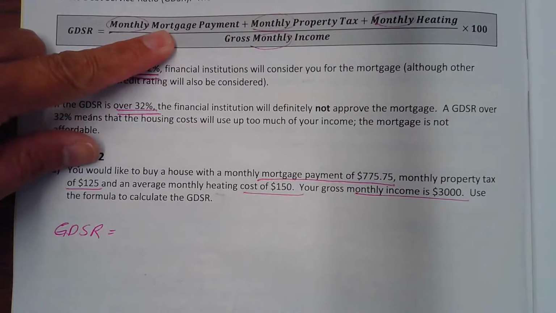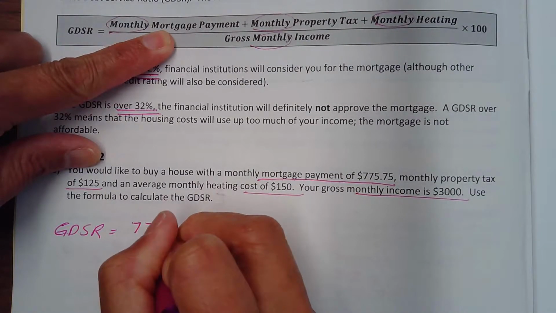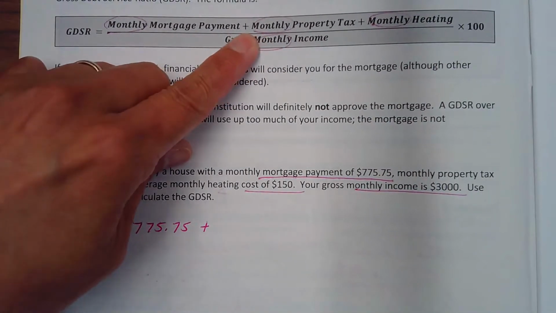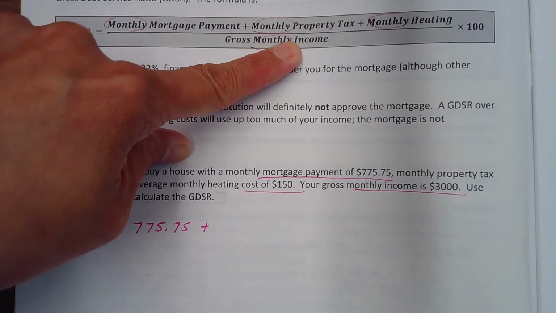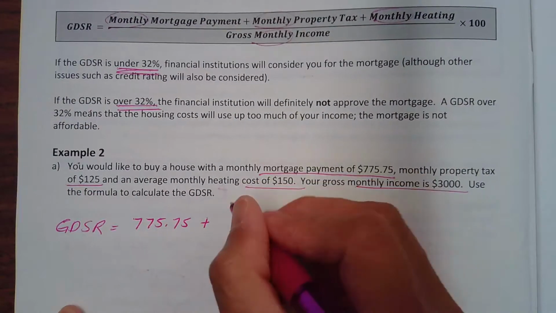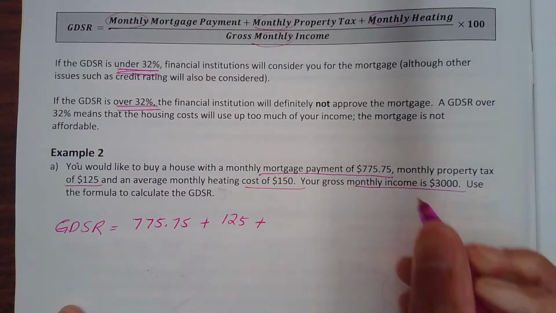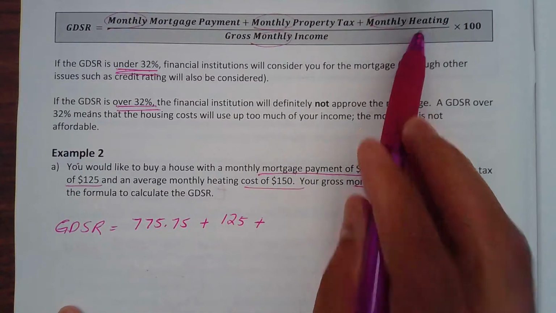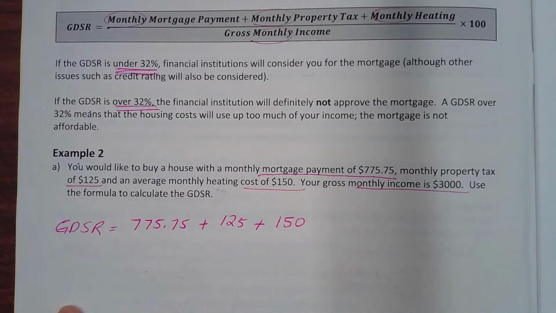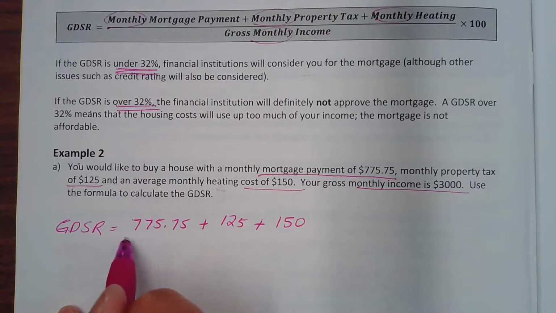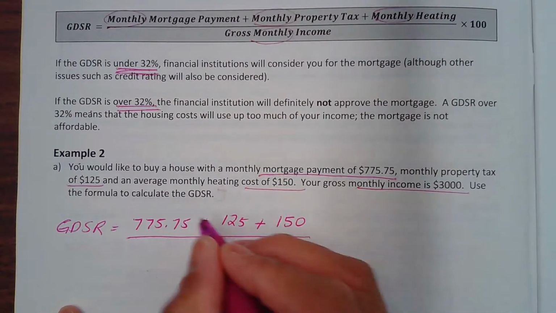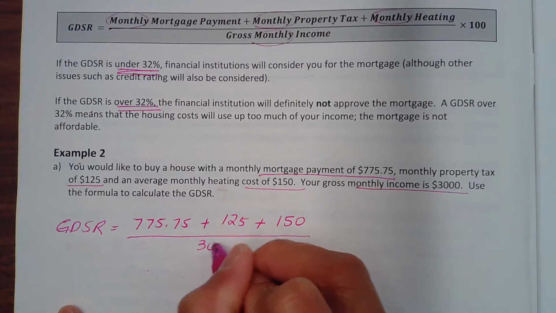Monthly mortgage payment is $775.75, plus monthly property tax, $125, plus monthly heating, $150. All of that has to be divided by gross monthly income, which is $3,000.